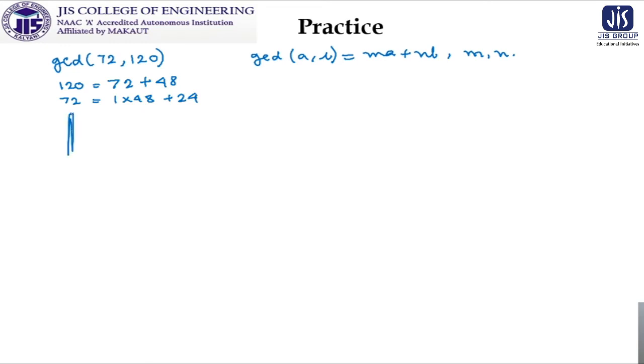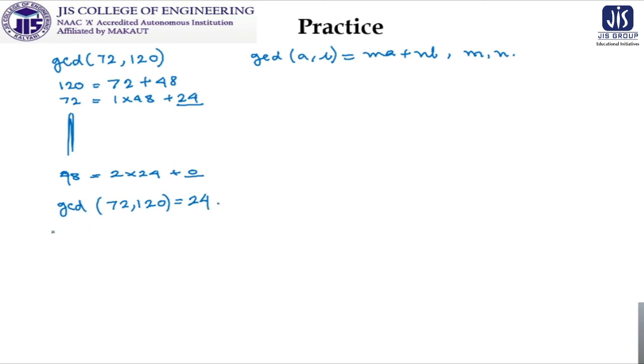Then we write 48 is equal to 2 into 24 plus 0. So the remainder is 0, and the GCD will be 24. So we can claim that the GCD of 72 and 120 is equal to 24.